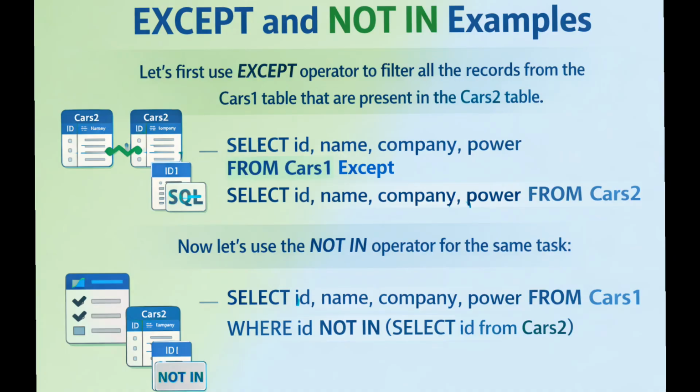Now, let's do the same using not in. We again select data from CARS 1, but this time we filter using a where clause. We only keep rows where the ID is not in the list of IDs from CARS 2. So both queries aim for the same result, but except works on full rows, while not in focuses on a single column.